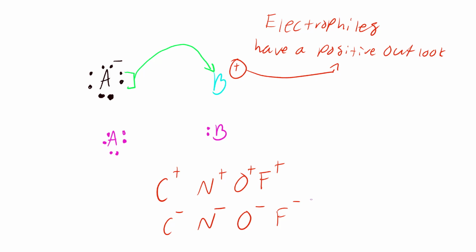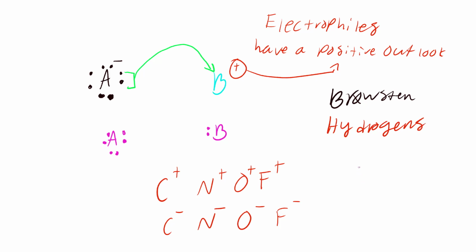The main difference between a Lewis acid and a Lewis base and just normal Bronsted-Lowry bases and acids is that Bronsted-Lowry only refers to hydrogen. So Bronsted, however you spell it, refers only to hydrogens, right?